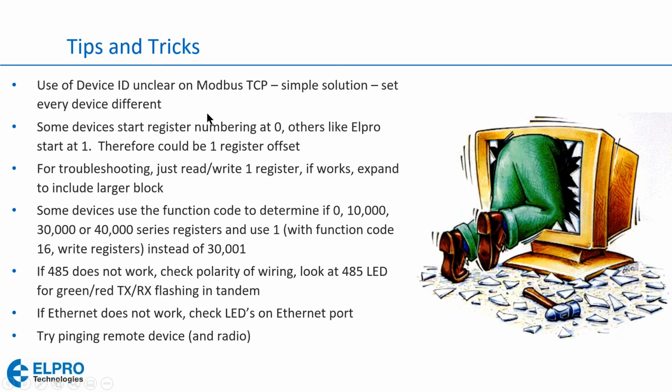Another common issue is the register numbering start point. Some devices, the engineers have designed their products to start the numbering at 0. So in some cases, analog input 1 would in fact start at register 30,000, not 30,001. So if you're getting an error message, try offsetting that register number by 1 in either direction.